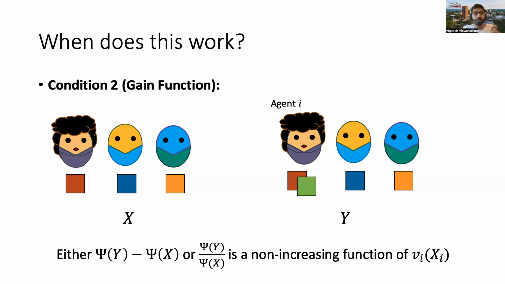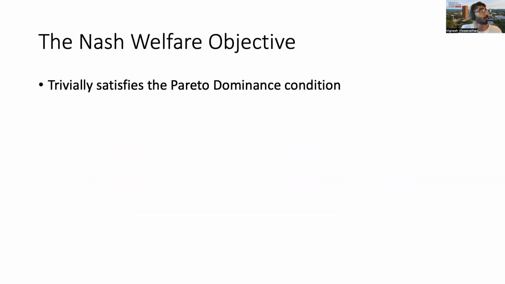Now, it's not exactly trivial why this is reasonable. So I'm going to give you a simple example of why, say, the Nash welfare objective satisfies these two properties. Of course, it trivially satisfies the Pareto dominance condition. You Pareto dominate an allocation and the Nash welfare strictly improves.